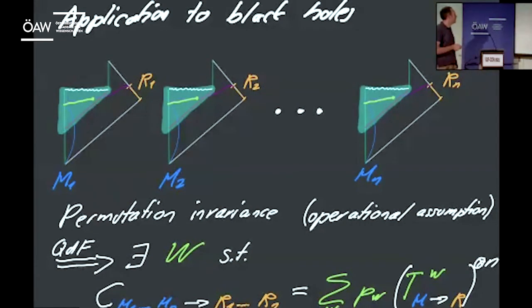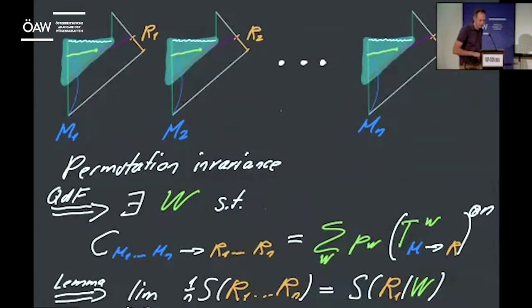Now what the quantum de Finetti theorem tells you is that the behavior of these n black holes, if they were proper quantum systems, would be like a convex combination of individual channels. So each thing acts separately, but with an unknown channel, T_W, that's somehow how one black hole behaves, and it's a convex combination of those. So I just plainly apply this theorem to black holes.